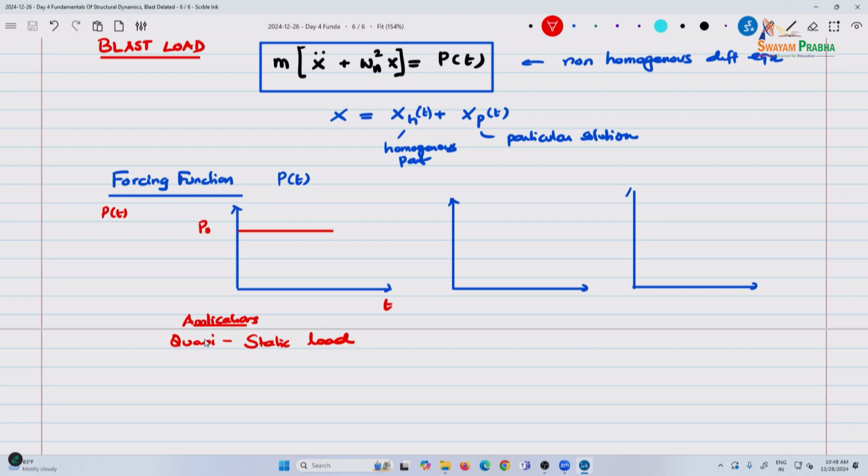Is anybody working in that area here? So, nuclear explosions tend to be, it's not exactly static, but this is a good example of constant load over a period of time.